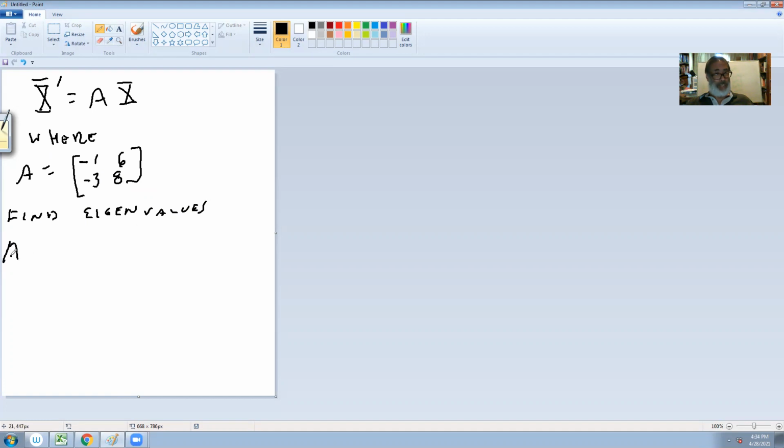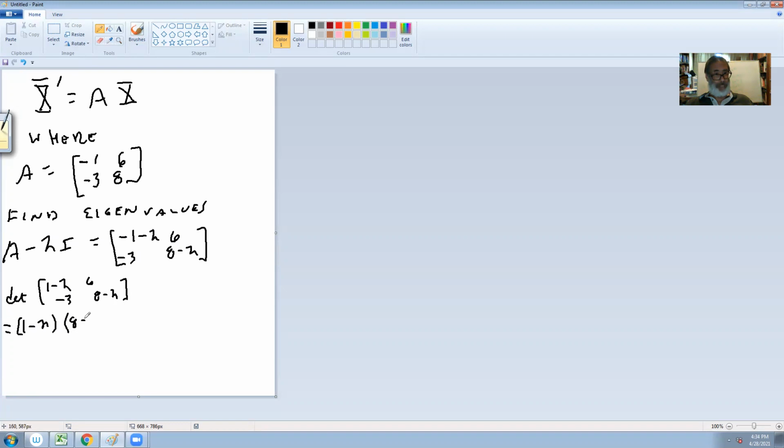So if I take A minus lambda I, I used m in the notes just because lambda is a pain to write. Then you take the determinant of this, and you get the characteristic equation: (-1 minus lambda)(8 minus lambda) plus 18.